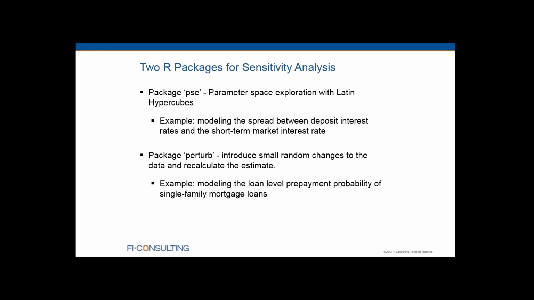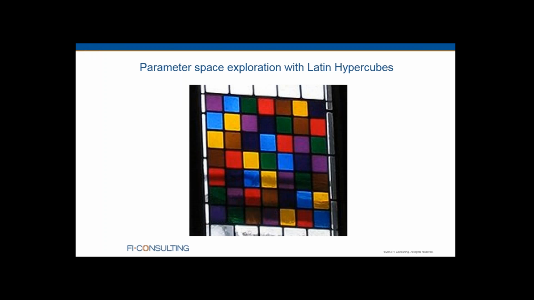For this example, we created a simple logit model for single-family prepayment. And we're going to alter the variables of our prepayment model, for example, LTV, mortgage rate, income, and then recalculate our logit coefficients. And by the way, both of these methods will work well for many types of models, both linear and nonlinear.